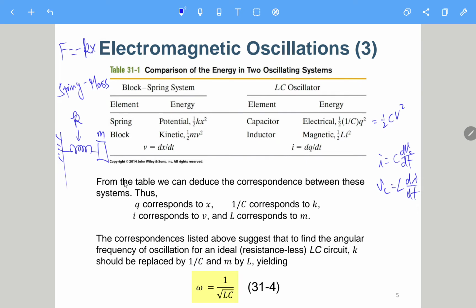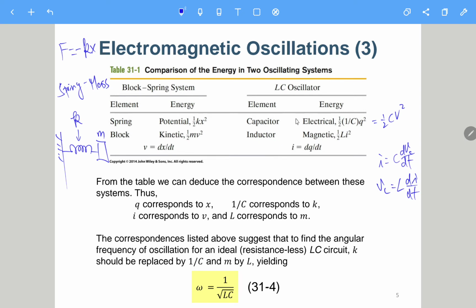Okay, so from the table we can deduce the correspondence between those systems: Q corresponds to X. If you change X to Q, K to 1 over C, and M to L, then what we get in that system can apply here.